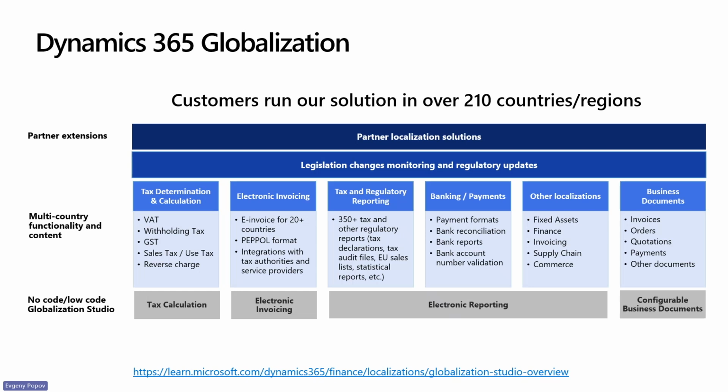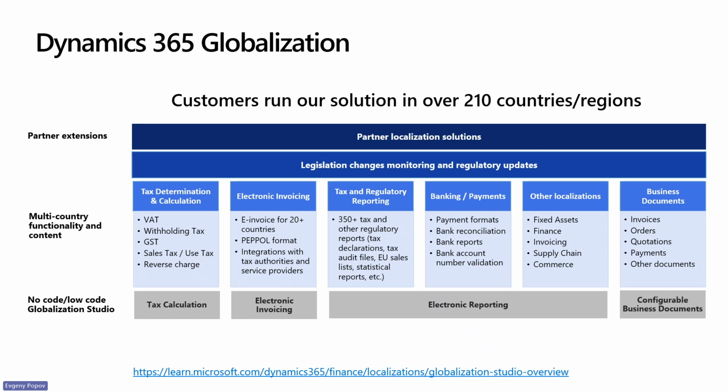The third major part of the globalization strategy is partner extensions. We not only provide out-of-the-box localizations for select countries, but we also rely on our channel partners that provide localization solutions for countries or regions that we do not support out of the box, and also provide additional features for the supported countries.